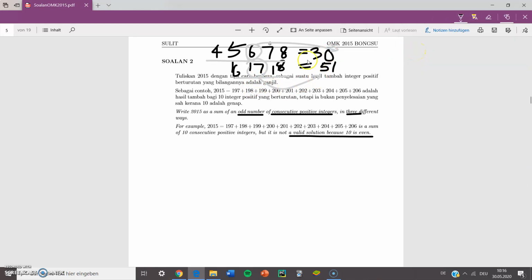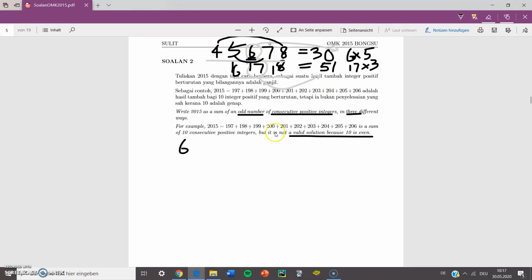So let me write down here: 6 times 5 equals 30 and 17 times 3. Why is this so? Because the last number and the first number, and then the second number and the second last number, for very long strings of consecutive positive integers, they add up to twice the average, which is the middle number.